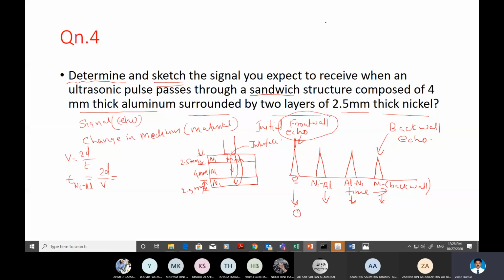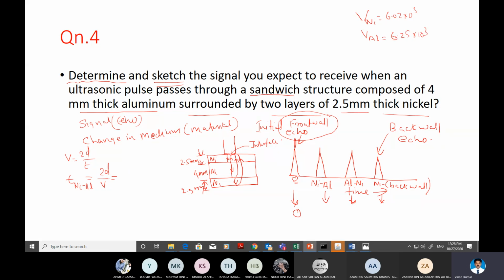I have written the velocity of sound through nickel, which is 6.02 times 10 to the power 3. Also, the velocity of sound through aluminium, 6.25 times 10 to the power 3. So I have written the velocities.